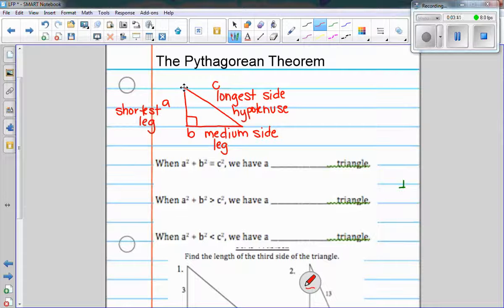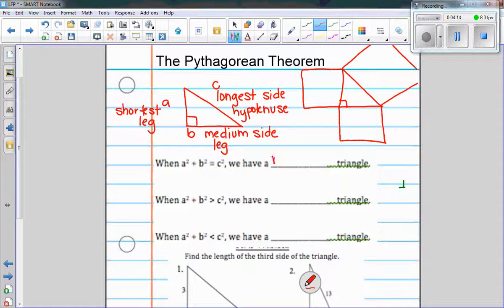So based on the information that we saw from the investigation you did today, we know that if we add up a squared, so I'll just do a little sketch here, A squared, so the area of the square from side A, plus the area of the square from side B, that is going to equal the area of the square from side C. And I ran out of space there.